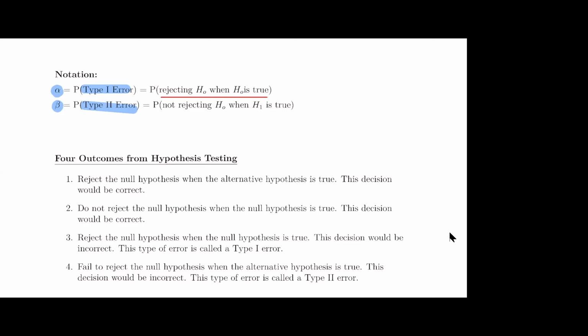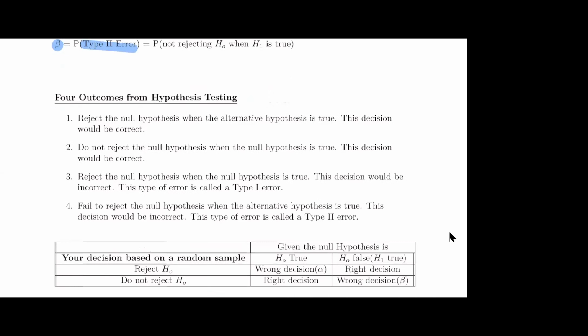So that would be a type 2 error. We conclude the default null hypothesis, but it was actually the researcher claim that was correct. All right. Does everybody get the basic idea of what a type 1 and type 2 error is? We're going to go over a lot of examples right now.